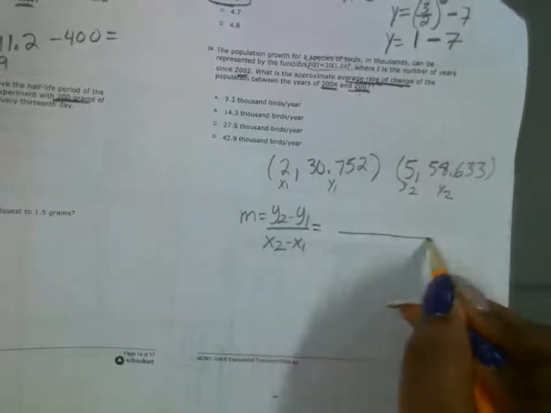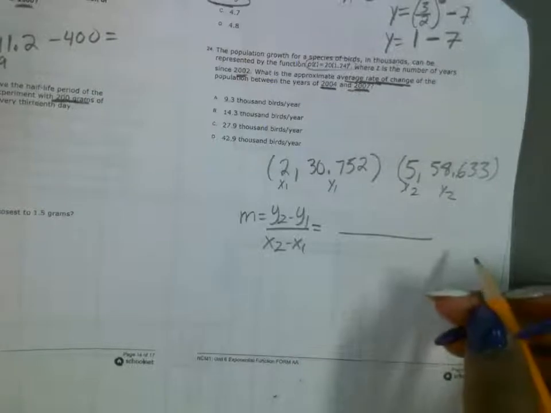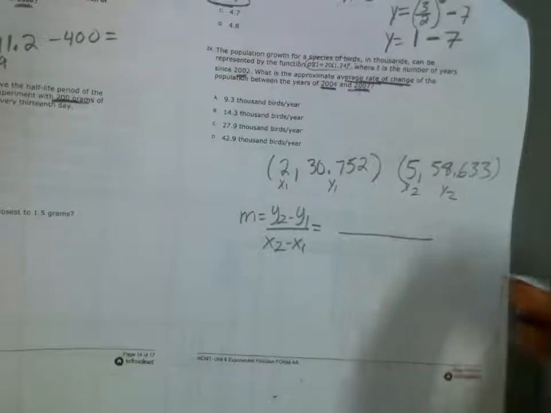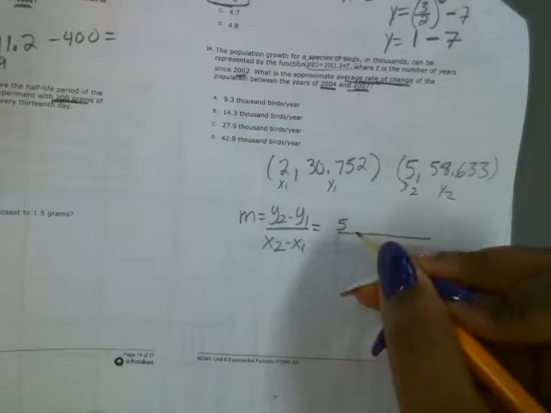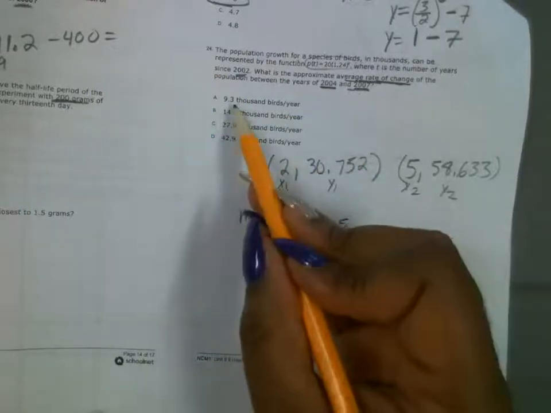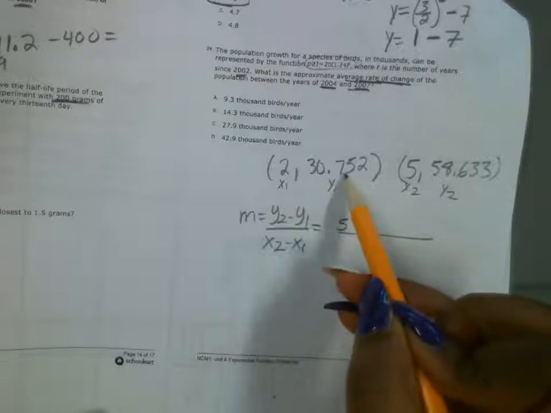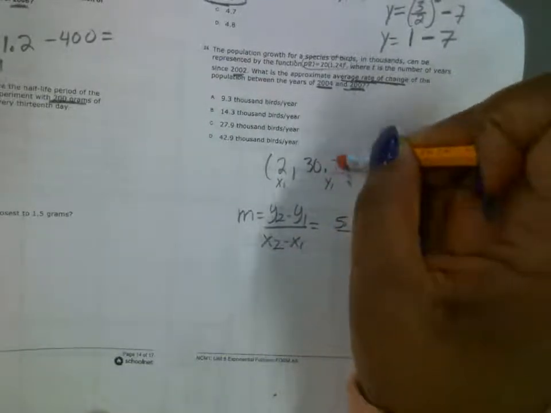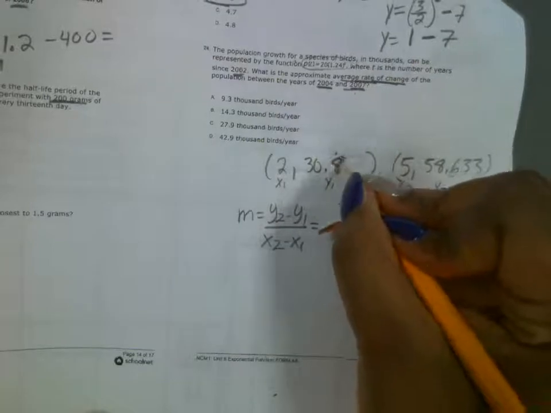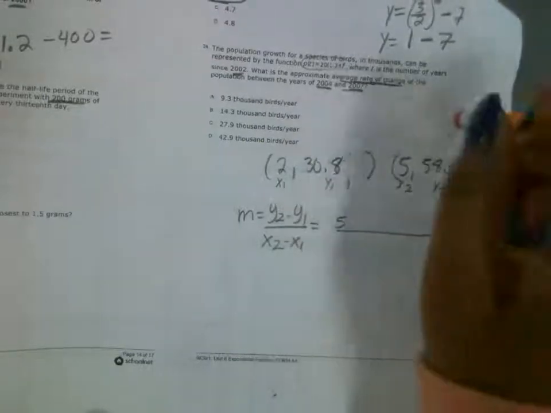What are we going to put on the top? 58. And they're only doing one space behind the decimal, so let's round this to one space behind the decimal. So let's make this 8. And let's make this 6.